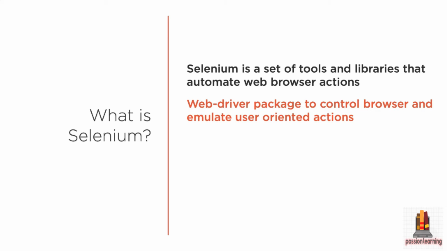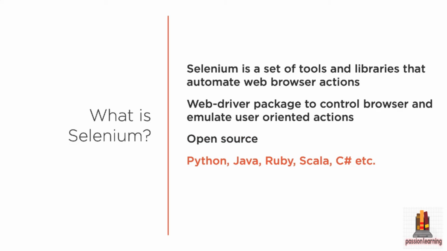Events such as clicking buttons or links and even scrolling. It is free and open source and works across Windows, macOS, and Linux. It also supports plenty of language bindings such as Python, Java, Ruby, Scala, C#, etc. so you can write scripts in whatever language you're comfortable with.